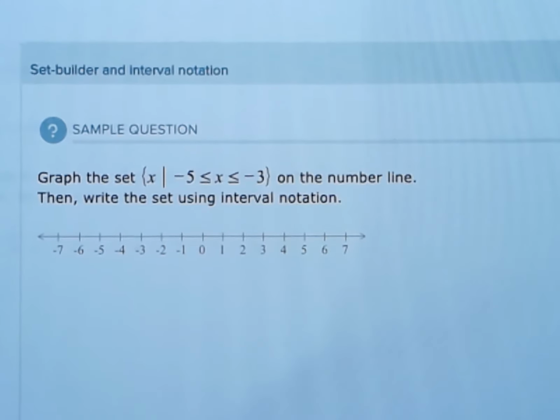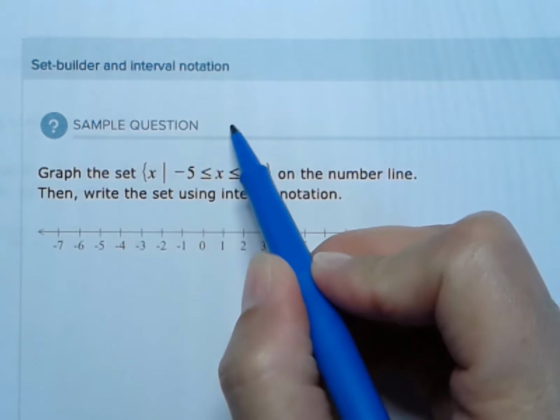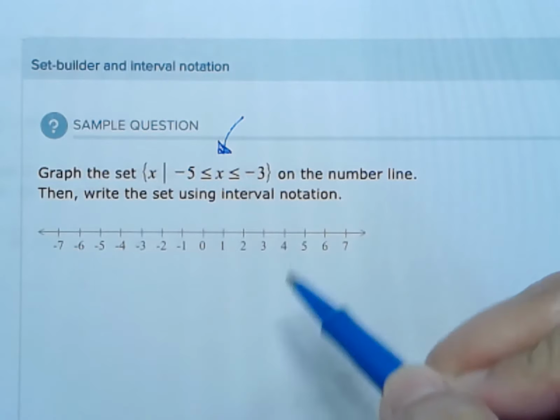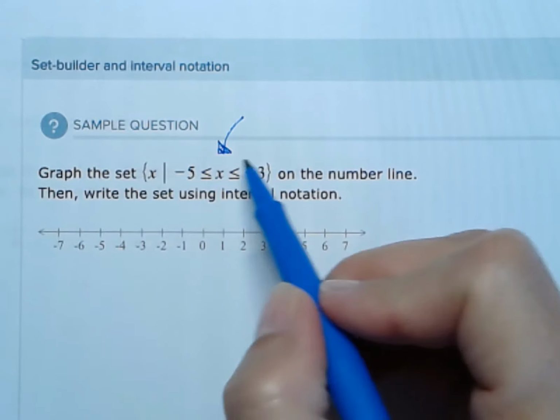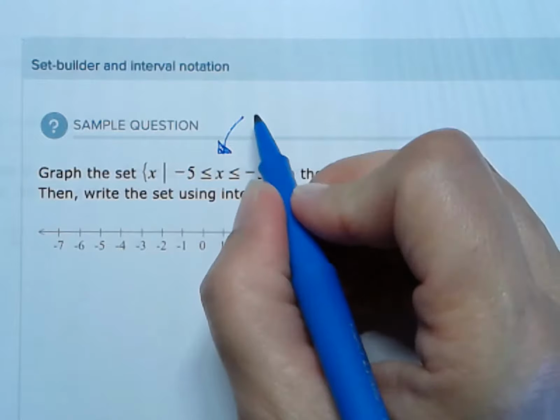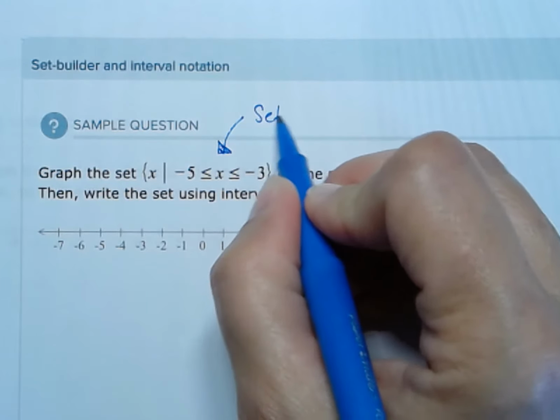Okay, you guys, in this video, I would like to talk about set builder and interval notation. The notation that you see here written out between these braces is called set builder notation.